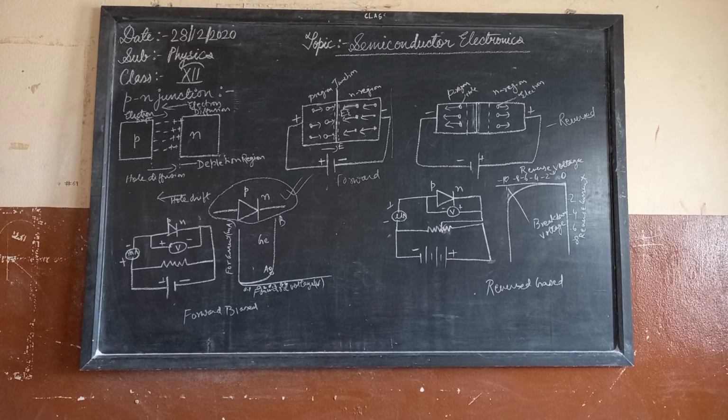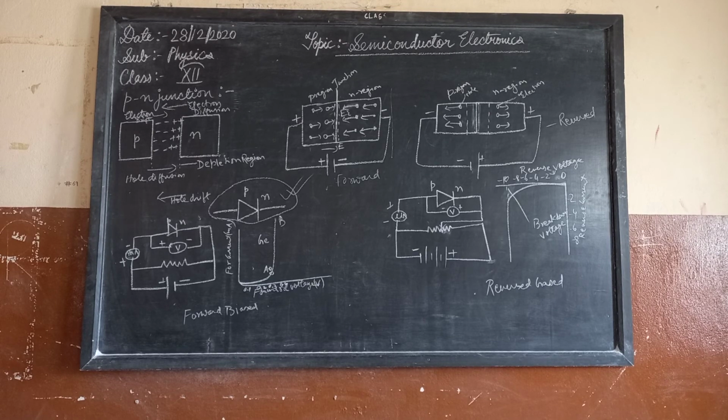In the reverse bias condition, the applied voltage supports the flow of the minority charge carriers across the junction. So a very small amount of current flows through the junction due to the motion of minority charge carriers.